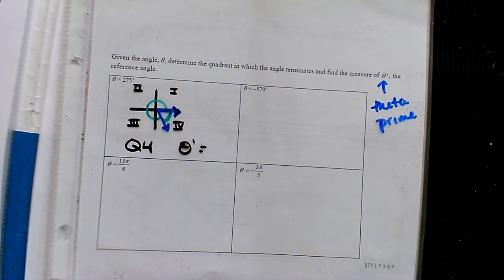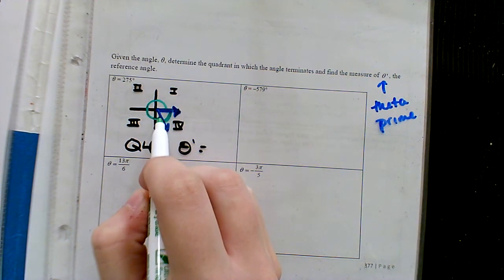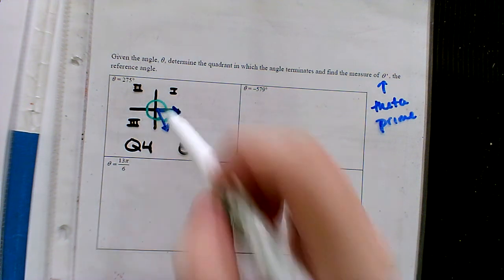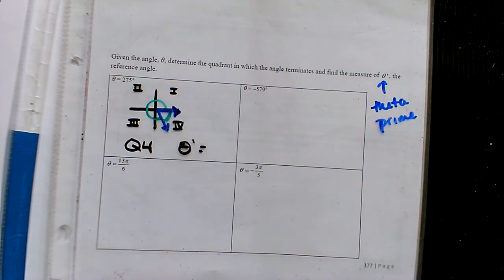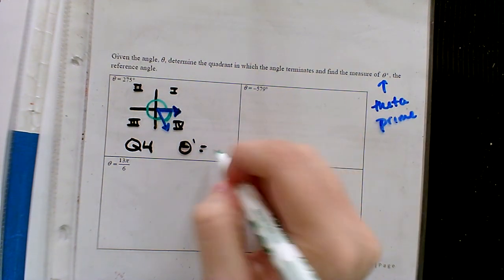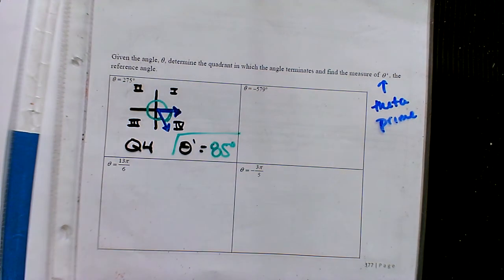It's an acute angle. Let's think about it. We said we had to go 5 degrees into that fourth quadrant. So it looks like the reference angle is that remaining angle measurement. It'd be 85 degrees. Is that what you're going to say too, Ashton? Perfect. Okay. So our reference angle is 85 degrees. That is an acute angle. We're good to go.